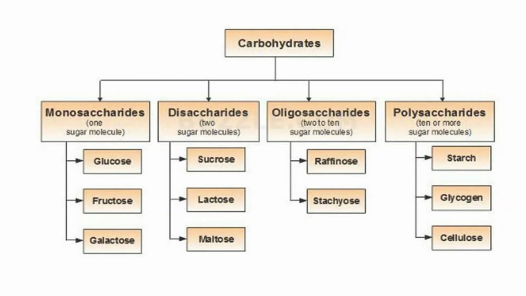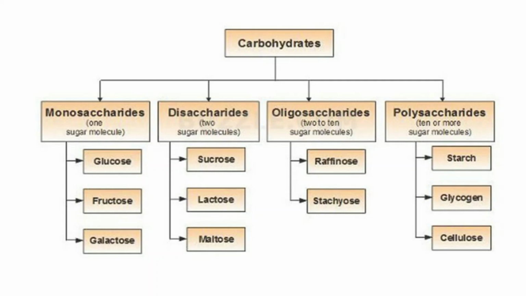You can see here a graphical representation of carbohydrate classification. Carbohydrates are classified into 4 subclasses. First classification is monosaccharides, which are further classified into glucose, fructose, and galactose. Second classification of carbohydrates is disaccharides.